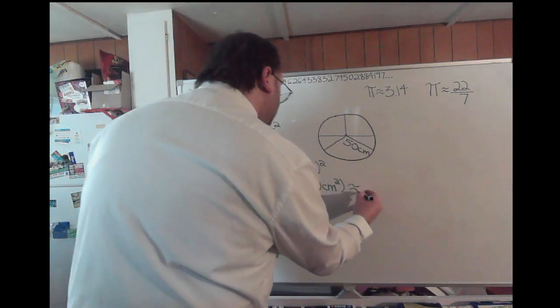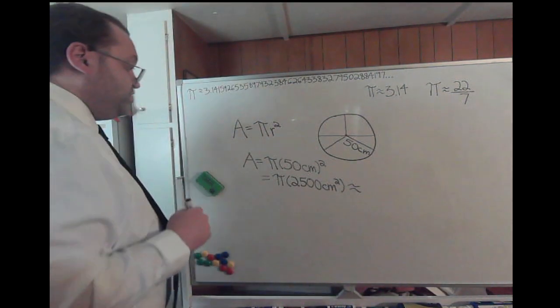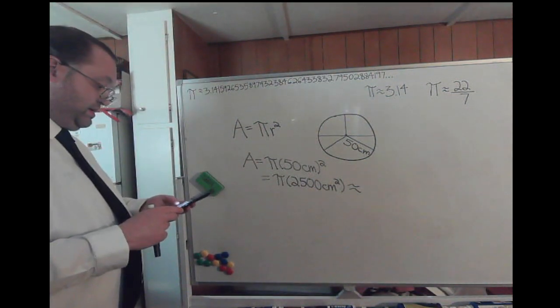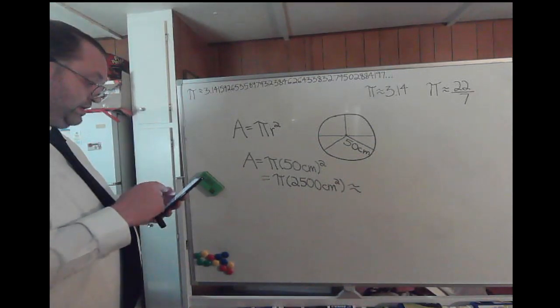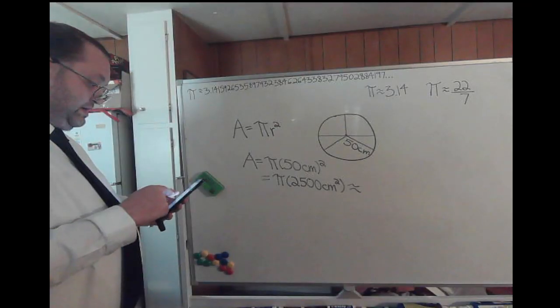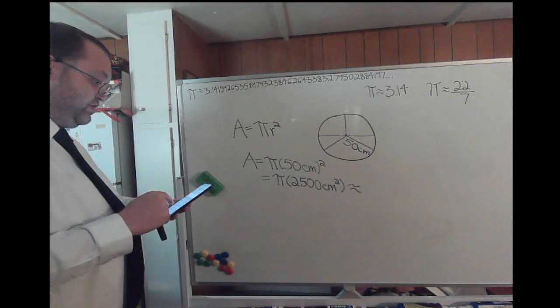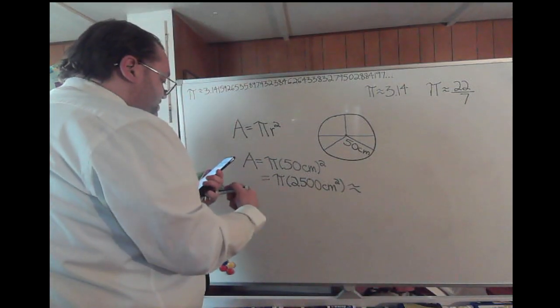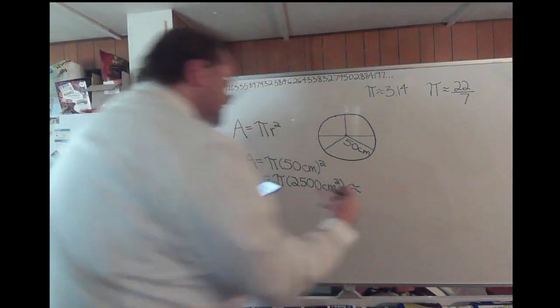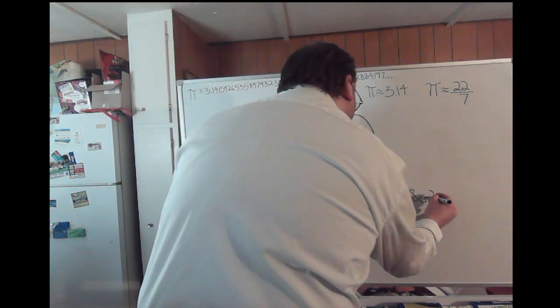So the area, if you take pi times 2,500, if we round to 2 decimal places, you'll get 7,853.98 square centimeters.